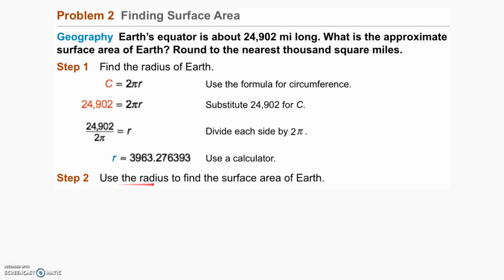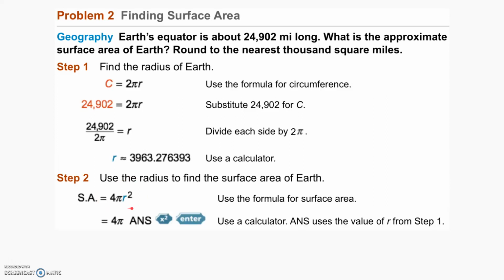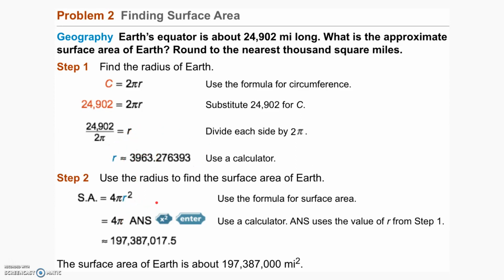Step 2, we're going to use that radius to find the surface area. Remember, 4 pi r squared is the surface area formula. We're going to plug in r up here, square r, then multiply by 4 pi.